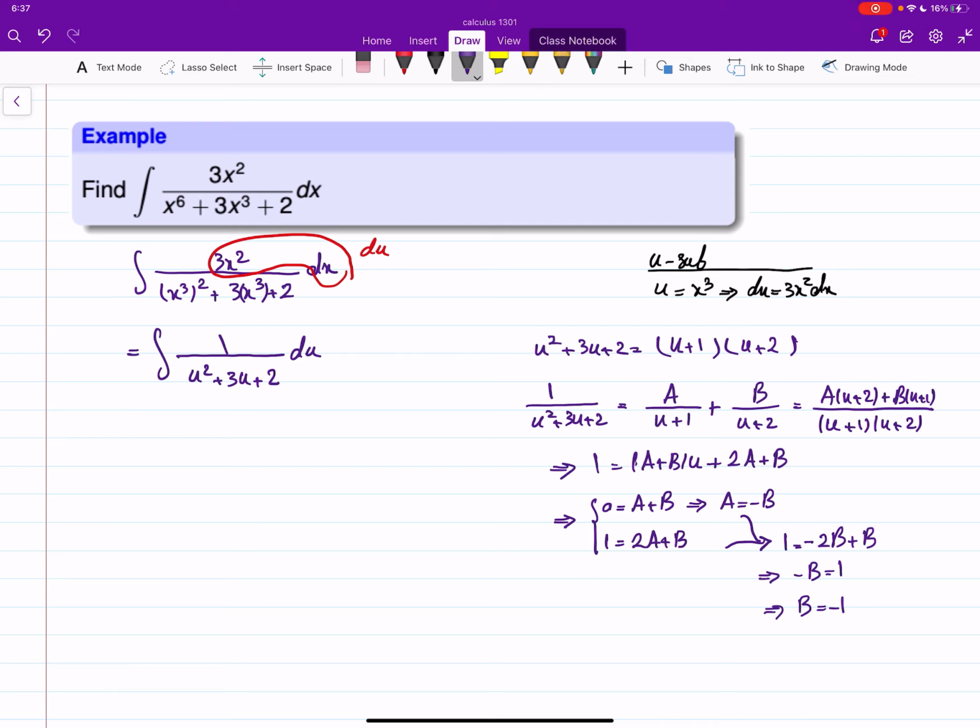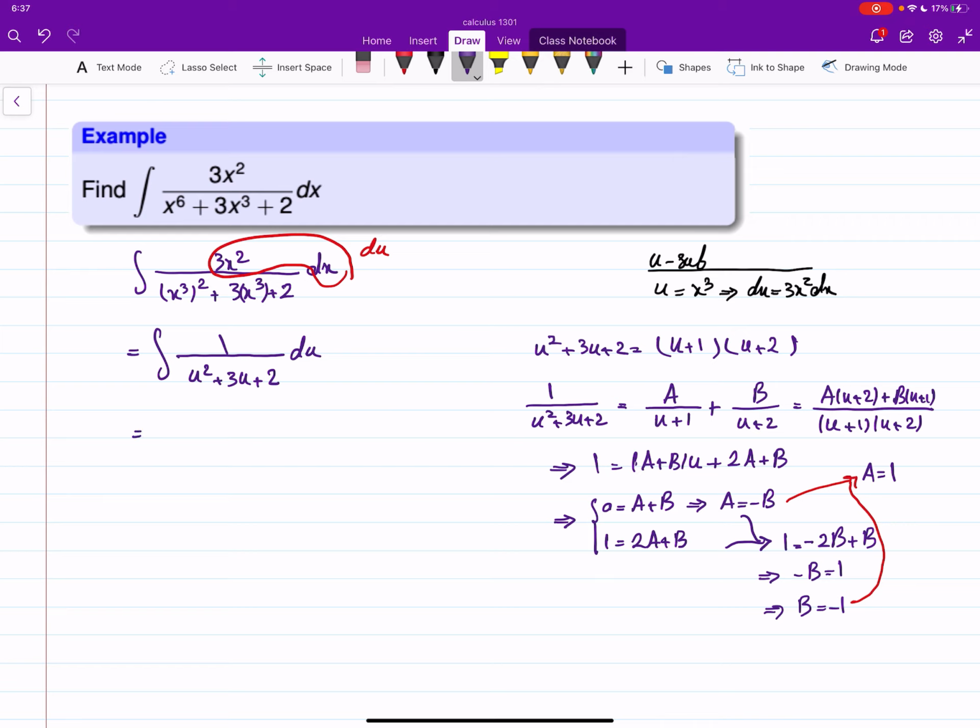Now that I have what is b, I can put back into that equation and find that a should be 1. Okay. So we can come here and see what are the numbers now.